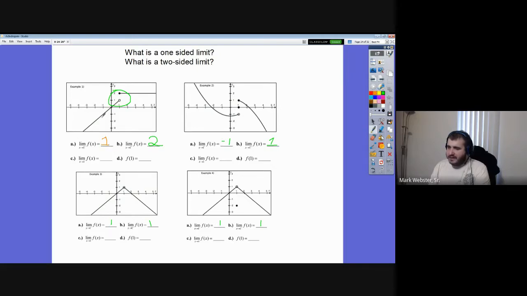Since the left-handed limit and the right-handed limit don't match, we know that the two-sided limit does not exist. So I just put DNE. And if you want to look impressive, you can say it like this.